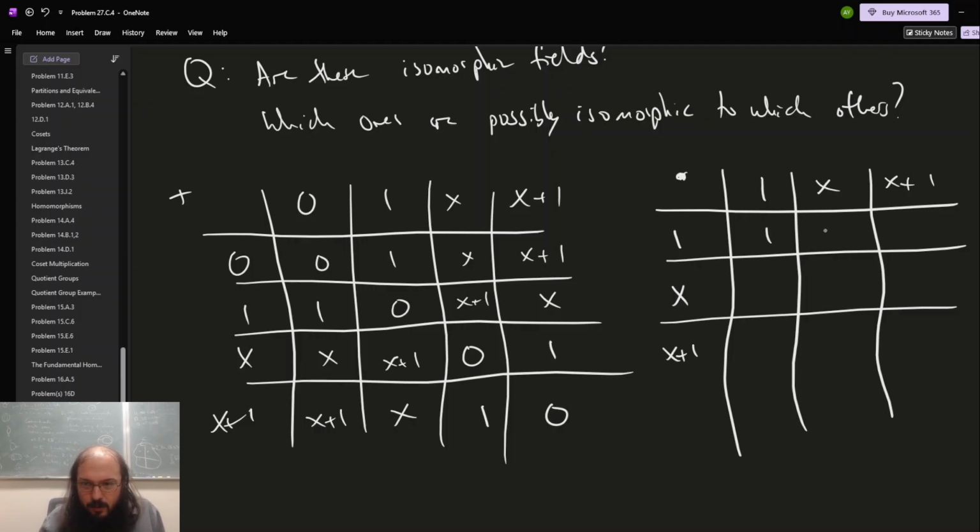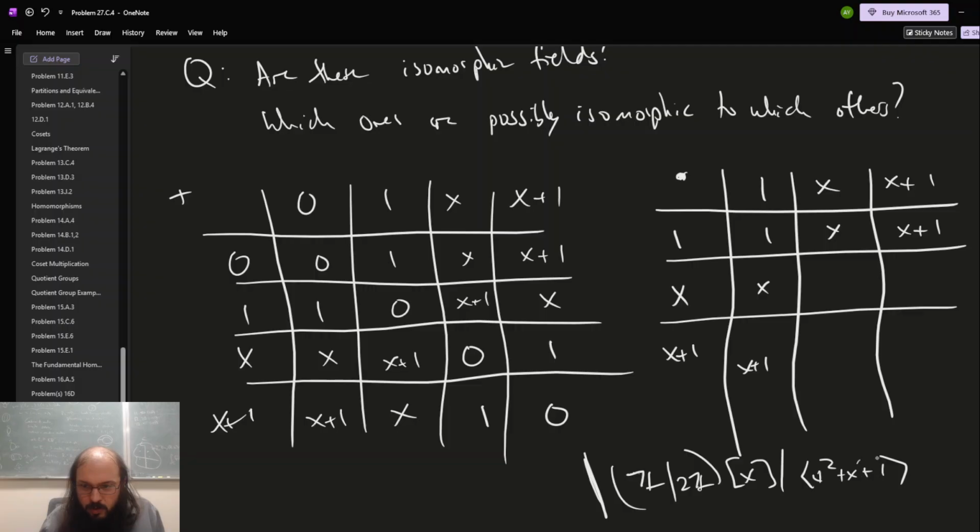We can fill out the table. Of course, I could just multiply these out. But also, because this is a group of order 3, right, we could call this, I don't want to call it Z, I don't want to call it anything misleading. Z mod 2Z adjoin X, let's just write, modulo this guy. The order of this is 3.